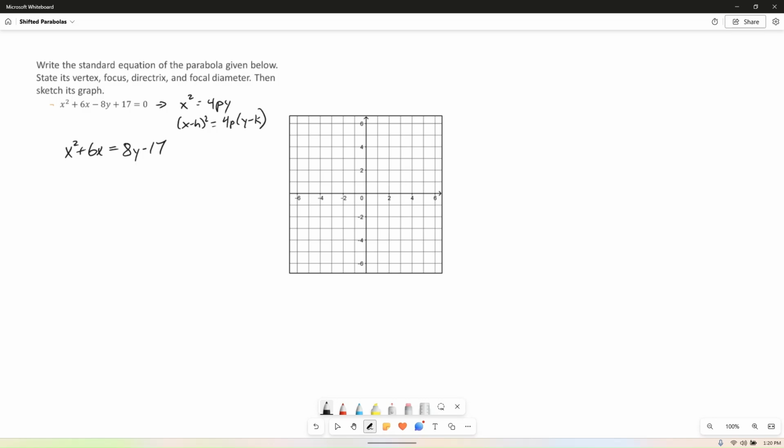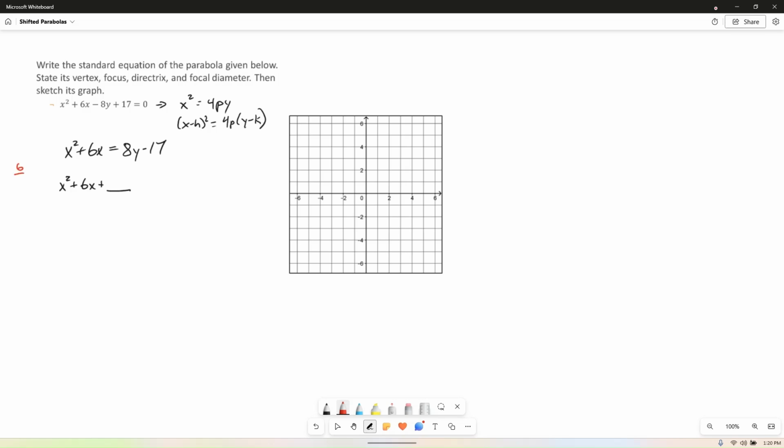So on the left side, I have x squared plus 6x. In order to get that factored, I need to complete the square. So completing the square means you're going to have x squared plus 6x plus some value. And to figure out that value, we're going to take the number in front of x. So in this case, that's a 6.